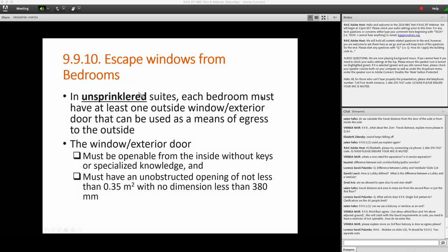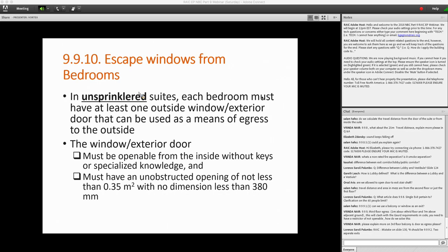Egress from bedrooms. The requirement for egress from bedrooms is to allow use of a window or a door from the bedroom as a means of escape in case a fire prevents use of the building's normal exits.